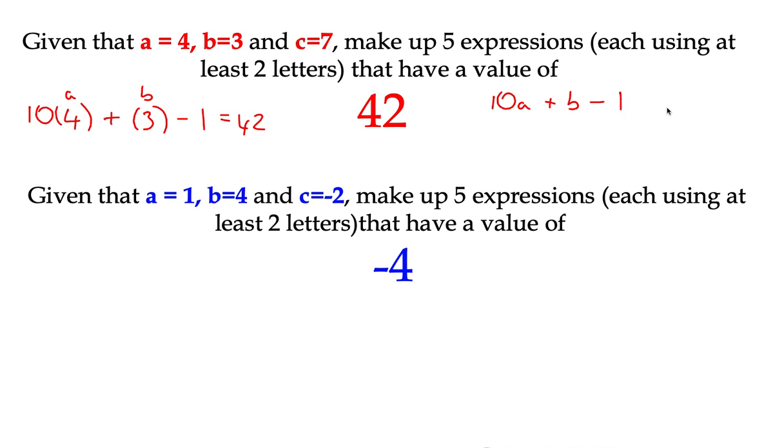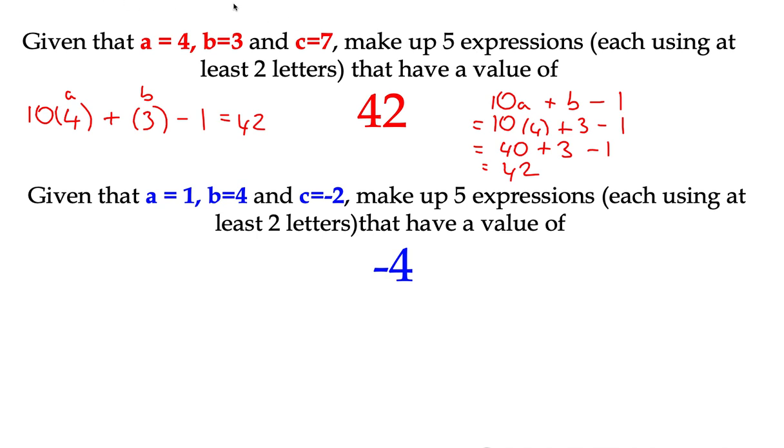That's my expression, and I want to prove that it's true, so I'll introduce a line of working that's basically what I just started off with. To work out these expressions, we start off with numbers and we put the letters back in. Then I'm simply proving that the expression does give the value of 42.